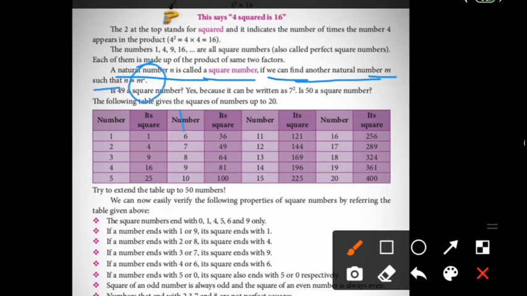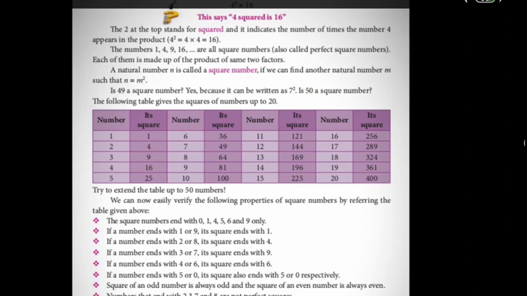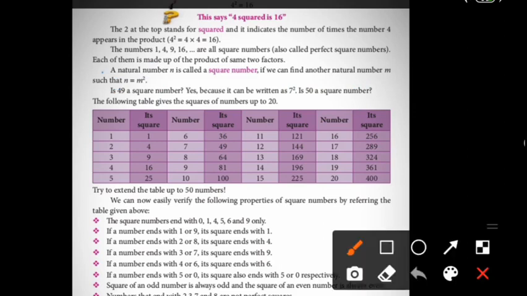This is the formula: n is equal to m square. Once again, a natural number n is called a square number if we can find another natural number m such that n is equal to m square.